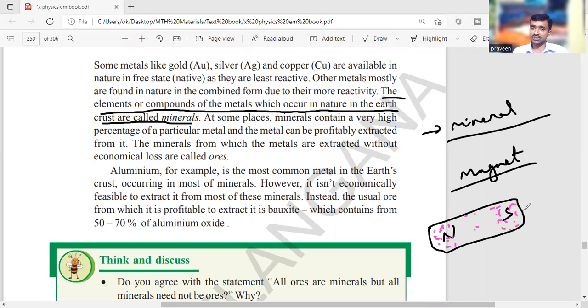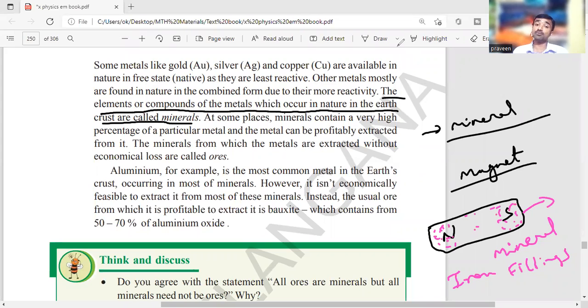This powder you obtained from the soil is simply a mineral. That is called iron filings. It is nothing but mineral.